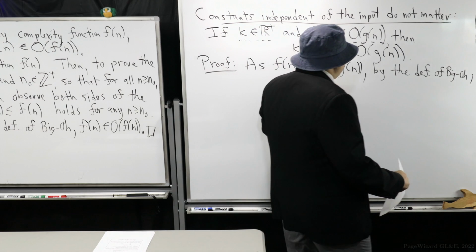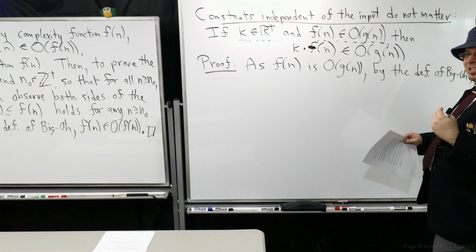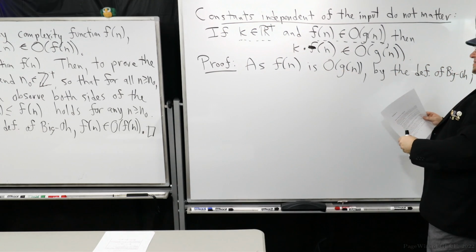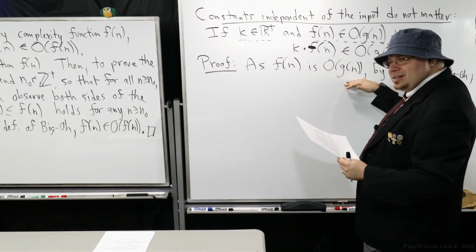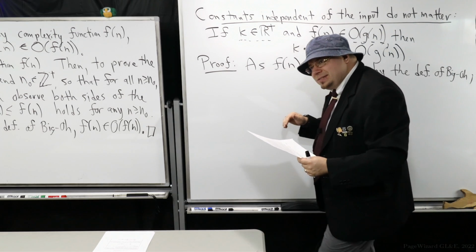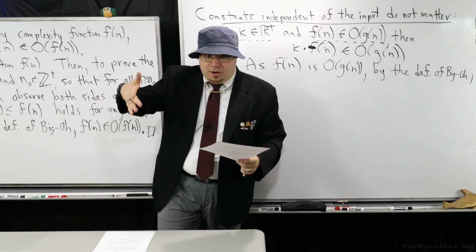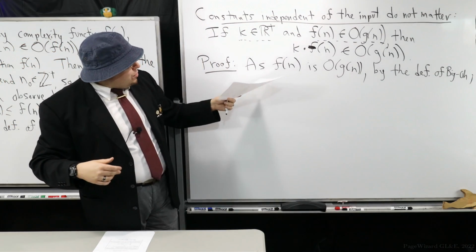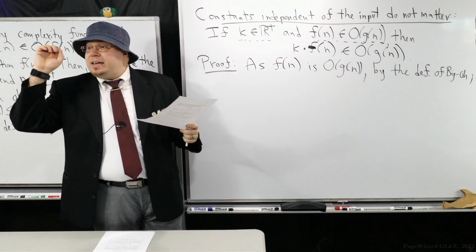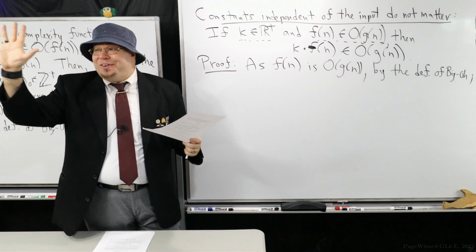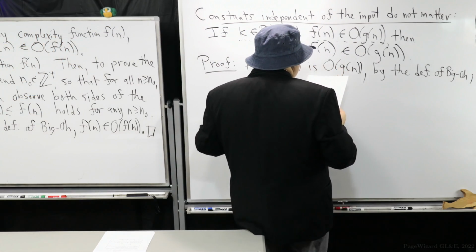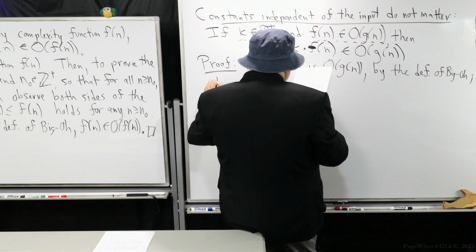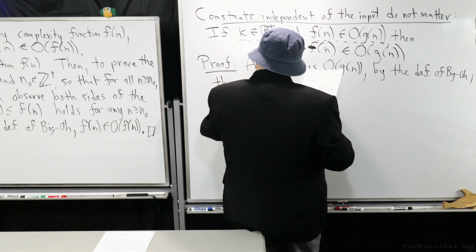We call this an existential instantiation when I want to use those constants, because this is actually a statement that talks about the existence of certain constants such that the inequality is true for all n greater or equal to n0. So if I know this is true, then I can instantiate, almost like declaring variables, those constants and give them names by the definition of big O. So I'm going to give them names.